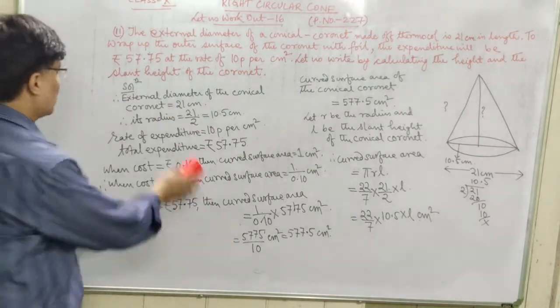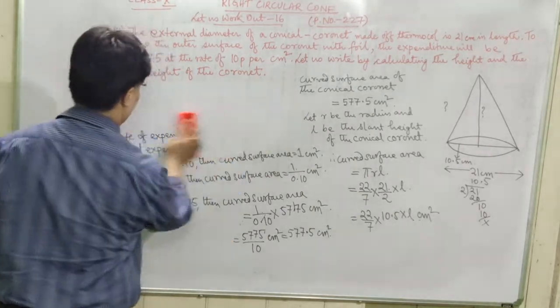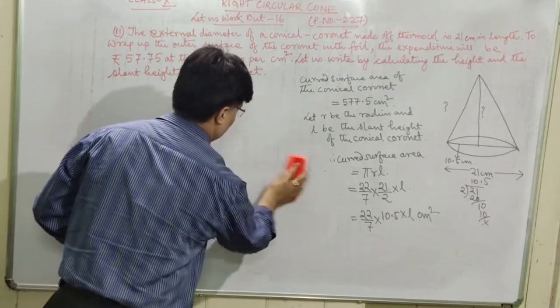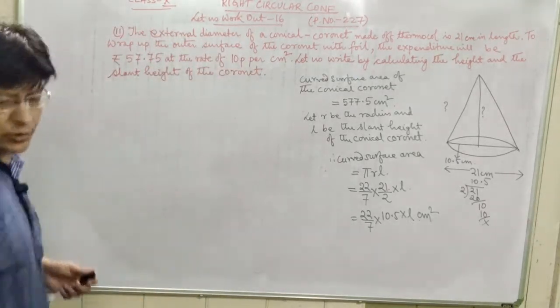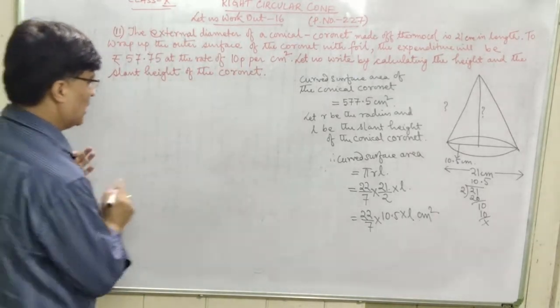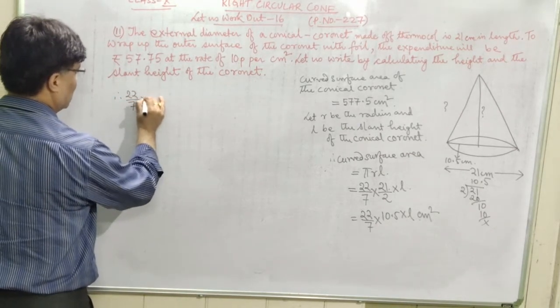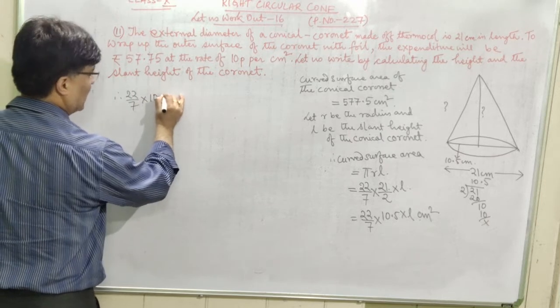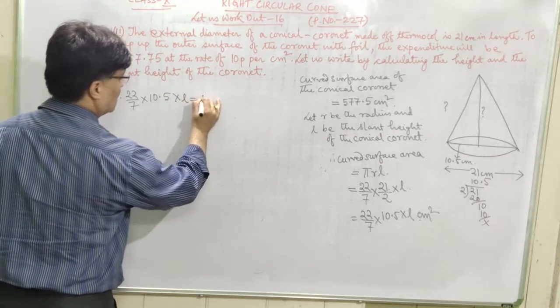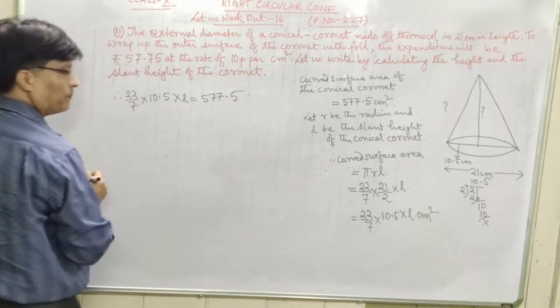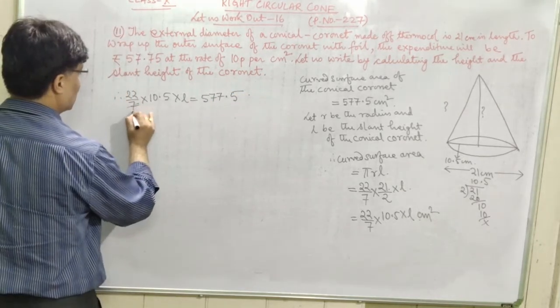So let us equate them, therefore 22 by 7 into 10.5 into L is equal to 577.5.